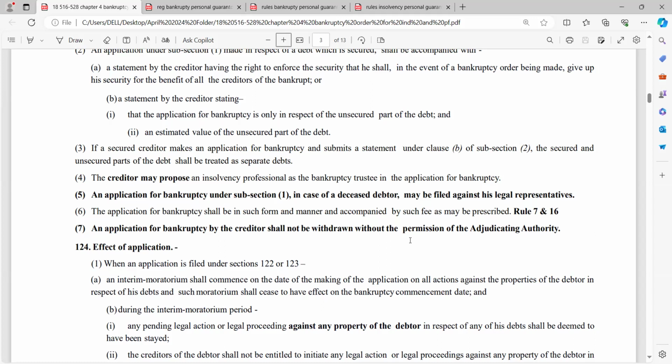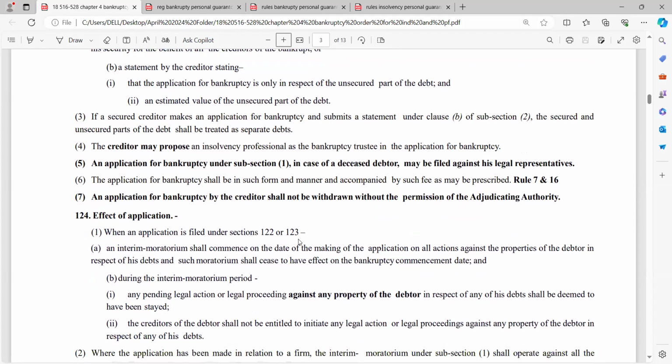Now whether the debtor can withdraw? No, same logic, same provisions. 122(2). So whether it is debtor or creditor, they cannot withdraw without the permission of the adjudicating authority.